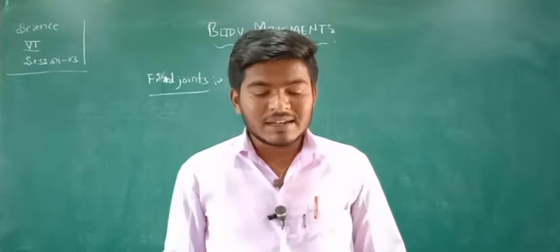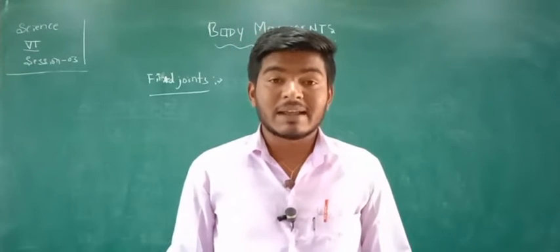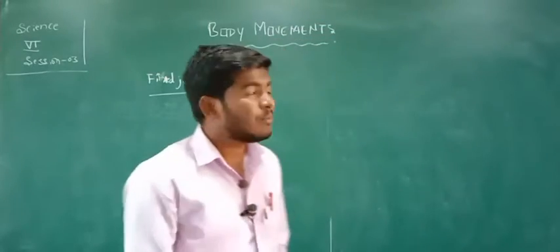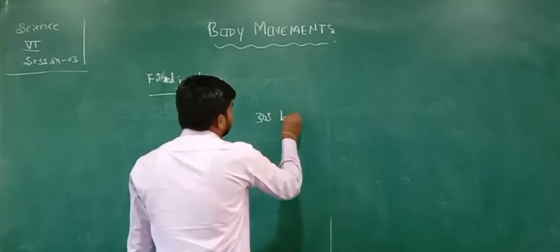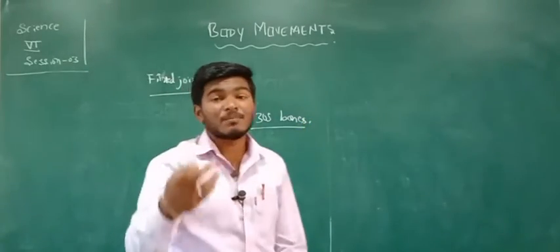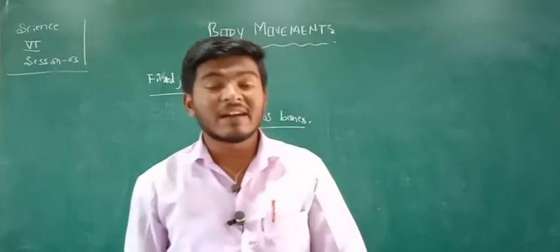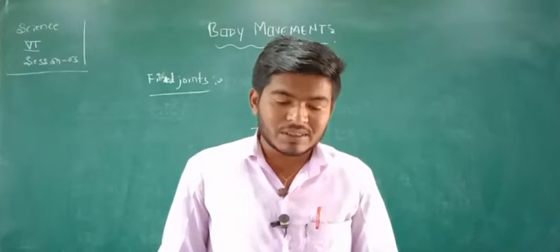So the bones give the outer structure to our body, and make the framework for our body. The human skeleton is composed of around 305 bones at birth. At the time of birth, the human body contains 305 bones. The number of bones in the skeleton changes with age.